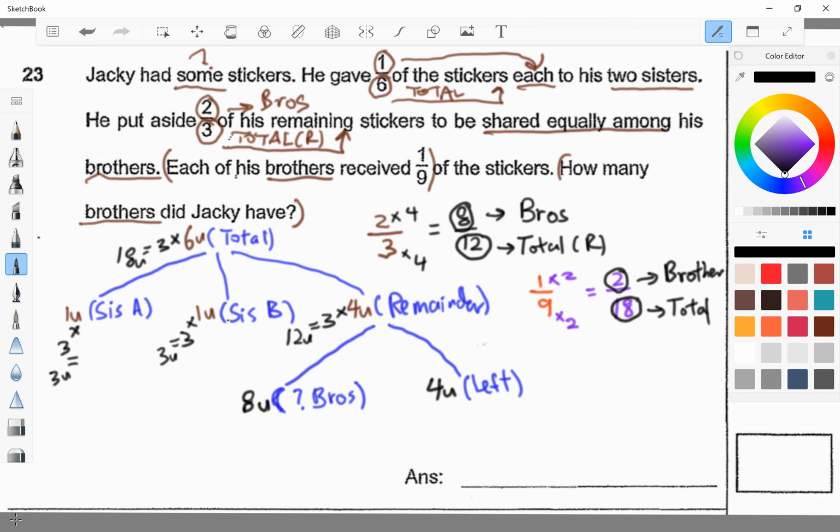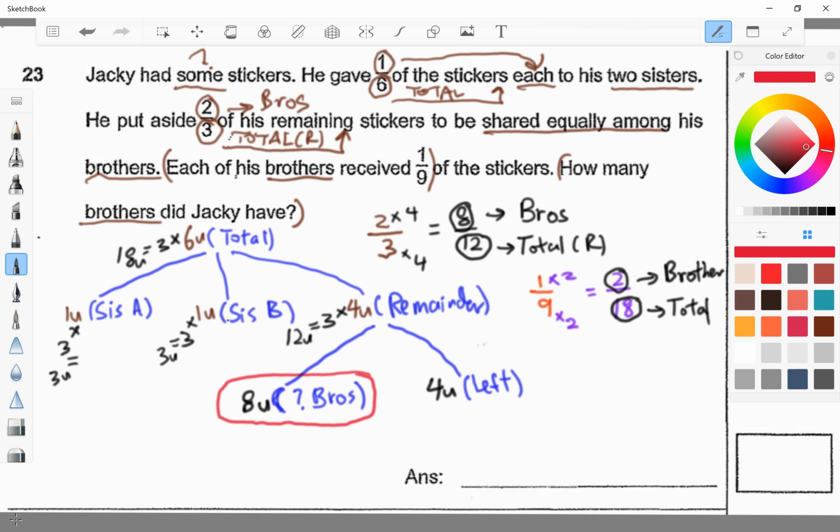So since they actually told me that each of his brothers received 1 out of 9 of the stickers, and I have changed 1 out of 9 into 2 out of 18, and at the same time, if you realize that all the brothers receive 8 units, so I'm circling this for everyone. So if 2 out of 18 for each brother, all the brothers receive 8 units, how many brothers did Jackie have?